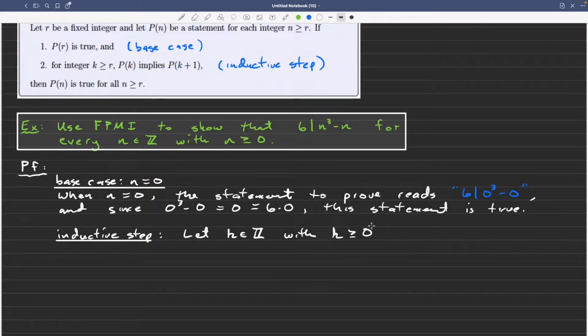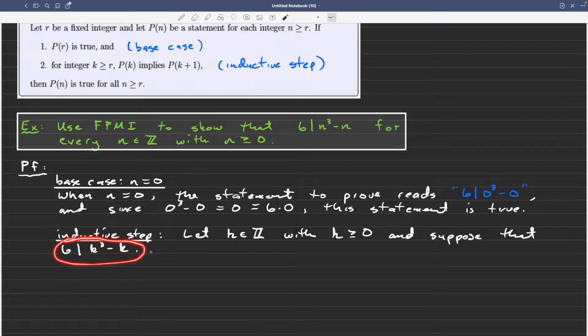And then we need to assume the kth version of the thing that we want to be true is true. So we suppose that 6 divides k cubed minus k. This assumption that we've made here, we usually call that the inductive hypothesis.